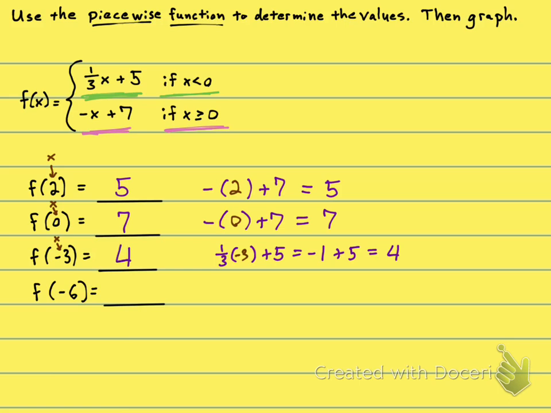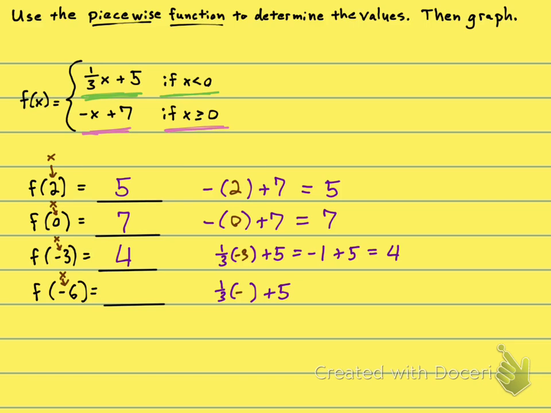All right, and then the last one, what happens when x is negative 6? We see that negative 6 is less than 0, so I'm going to use the green one. So I have 1/3 x plus 5. I'm going to leave a blank there where my x is. When I substitute, I always use parentheses.